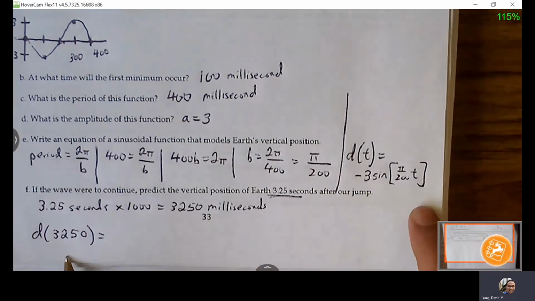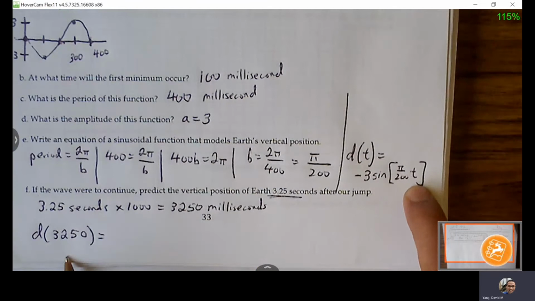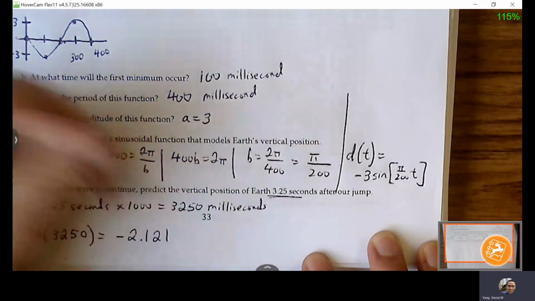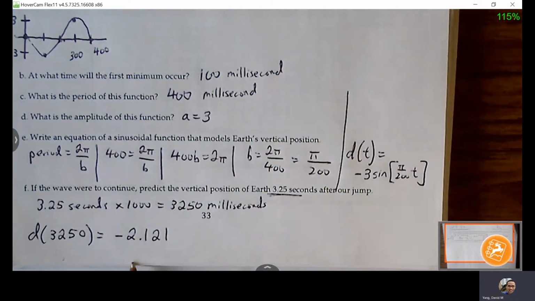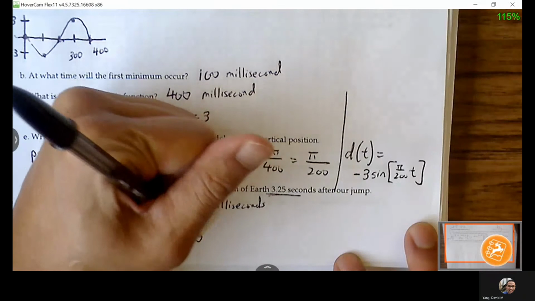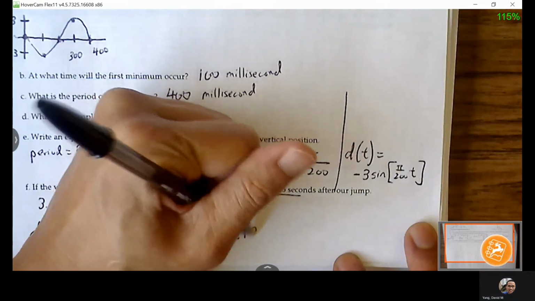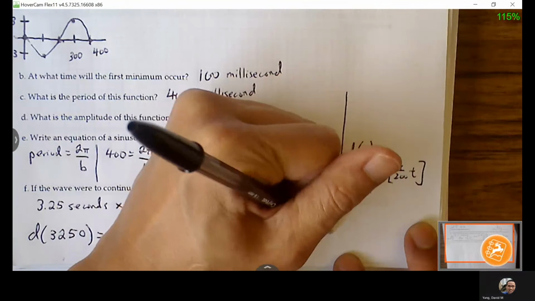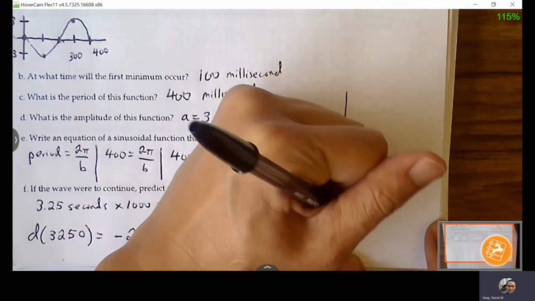So we use our calculator, enter 3250 in for t. So this tells us that the vertical position is going to be 2.121 millimeters below the surface, or below the normal position.